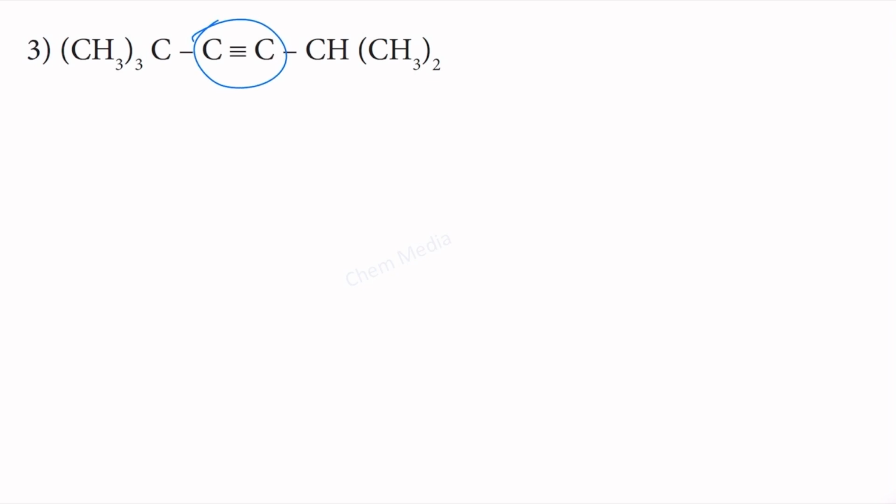We have an alkyne. Once again, we have 3 methyl groups here. This means that 2 will become substituents and 1 will become part of the parent chain. Here also we have 2 methyl groups.